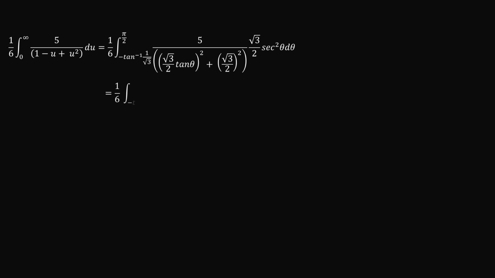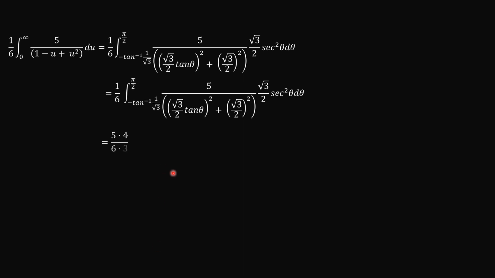Then that integral now becomes as follows. We would pull out the root 3 over 2 on the denominator side and also on the numerator side.